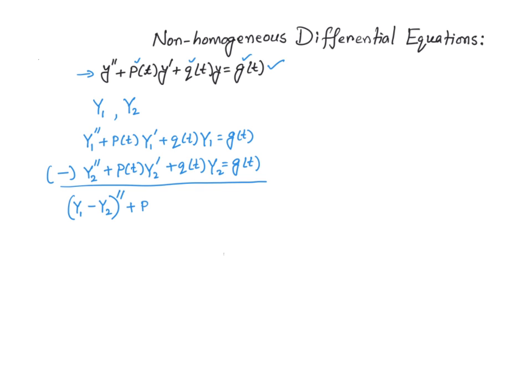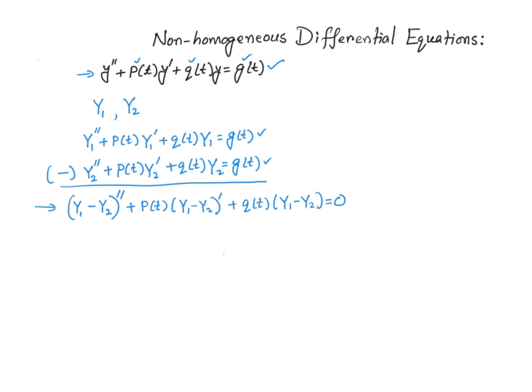Plus p of t times (y1 minus y2) prime plus q of t times (y1 minus y2). And that must be equal to 0, because g of t minus g of t is 0.